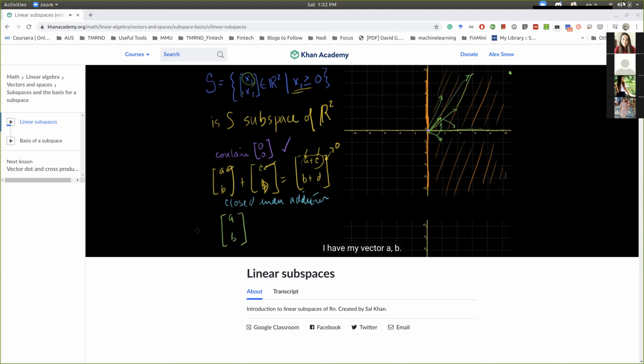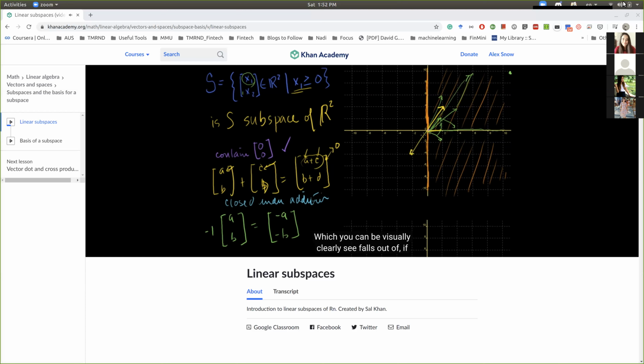If I were to draw it visually, let's say (A, B) was the vector (2, 4), so it's like this. When I multiply it by minus 1, I get (minus A, minus B). I get this vector, which you can clearly see falls out of our subspace, if we view these as position vectors.